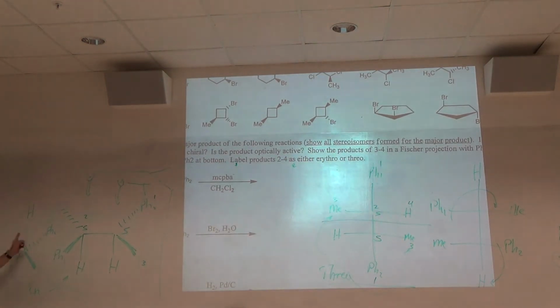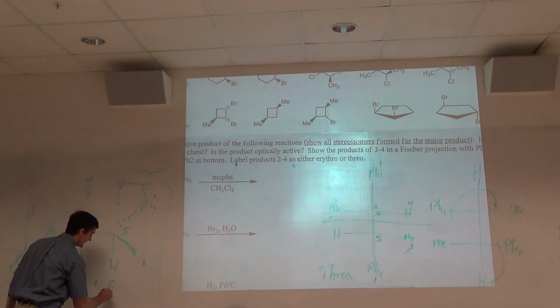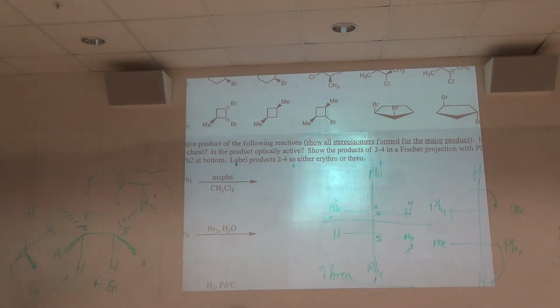Okay, well, that's them. That's these two. A lot of times, you'll just show this and you'll say plus enantiomer. We did that coming through our reactions. That's the enantiomer.